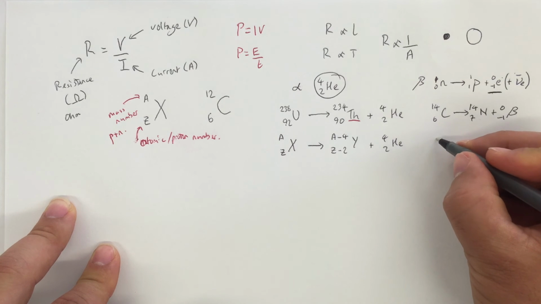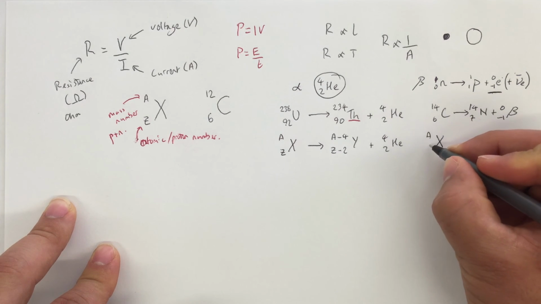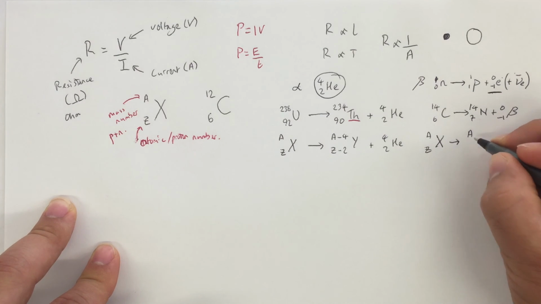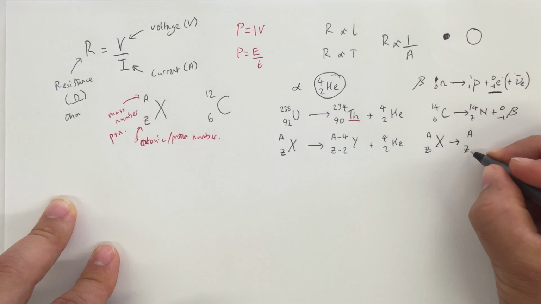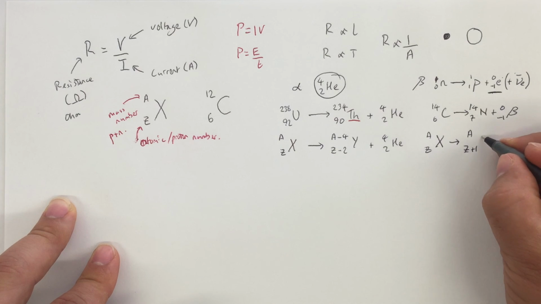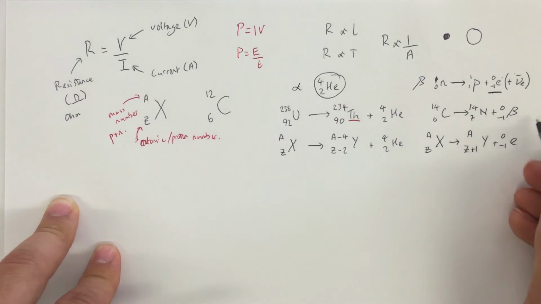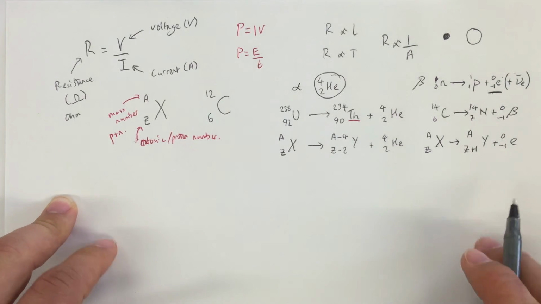So the general equation for beta would be that you've got your atomic mass number and your atomic or proton number. The mass number always stays the same. The atomic number, you add 1, you'll get a new element, and you'll get your beta particle, which you can write in either way, like so.